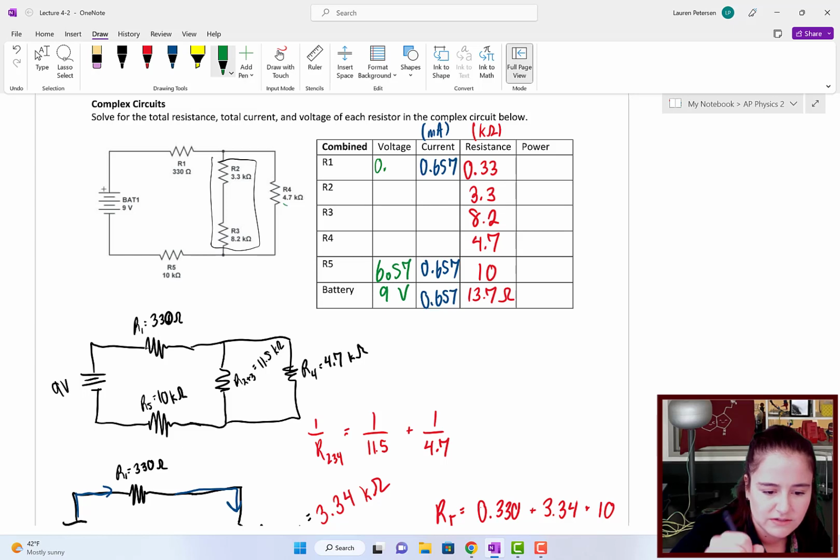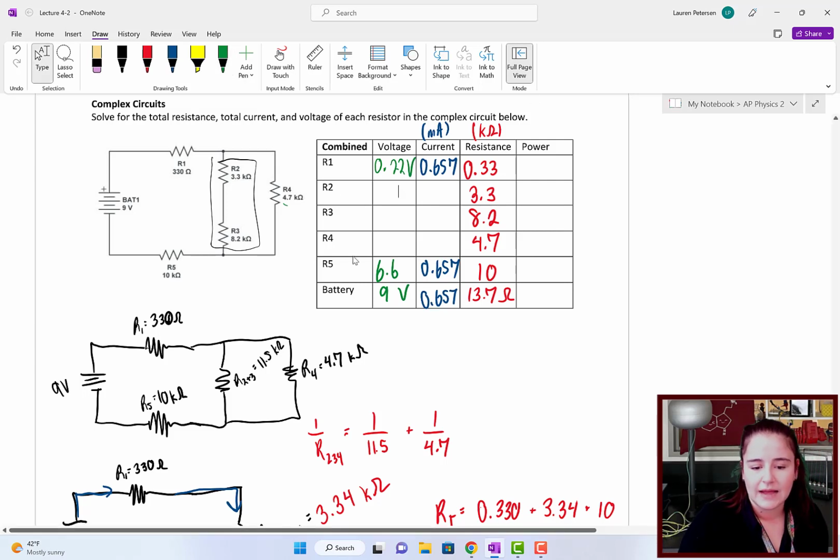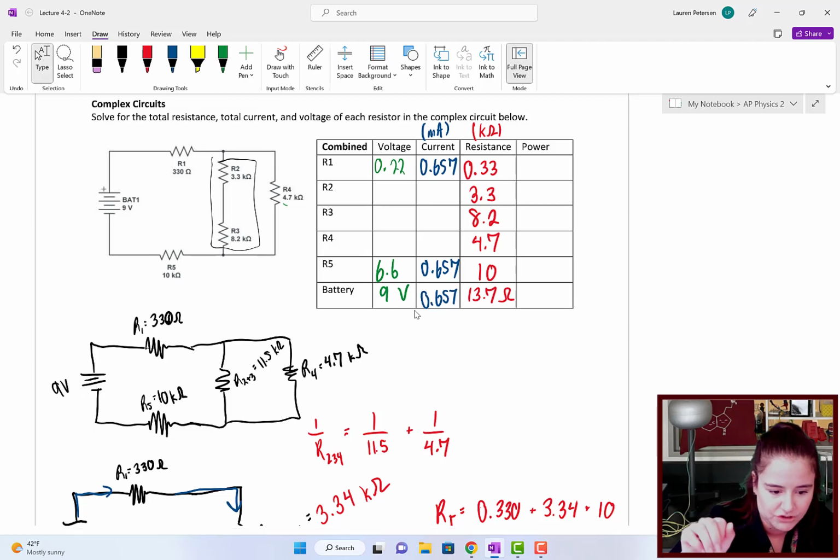Most of our resistances only have 2 sig figs, so I'm going to round this to 2 sig figs and say 6.6 volts there and 0.22 volts there.